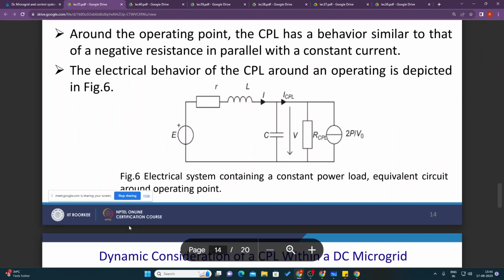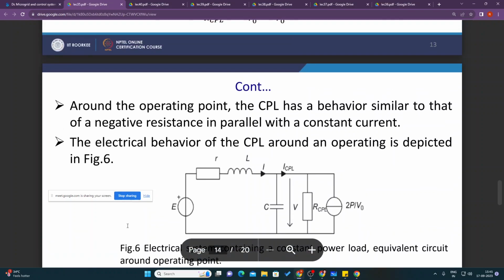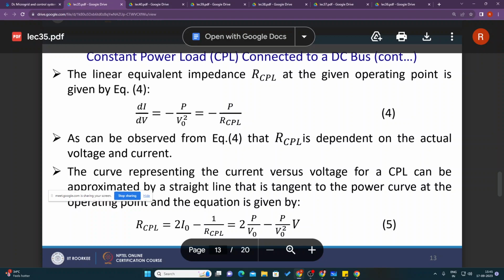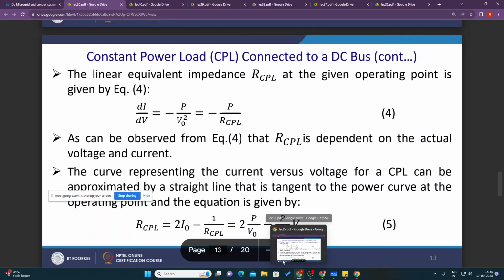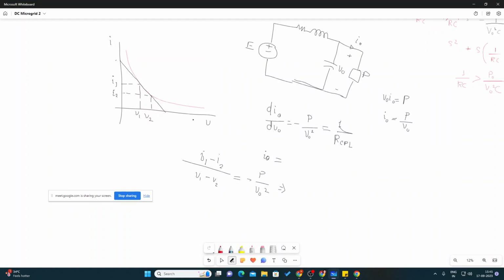Here, V. If you can find out the intercepts for the straight line, we can do this.